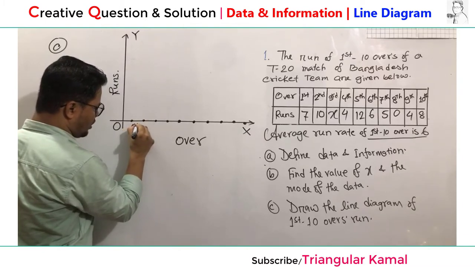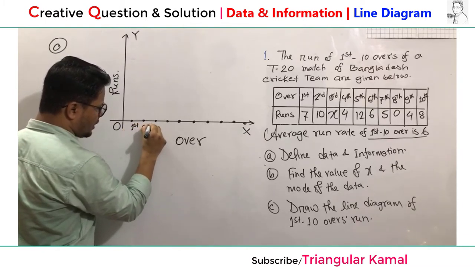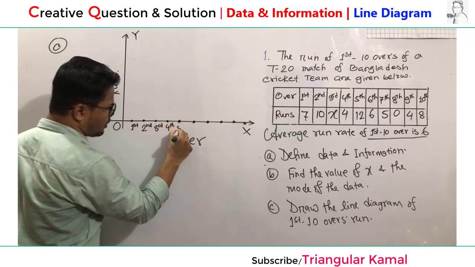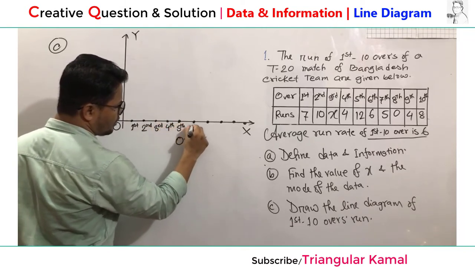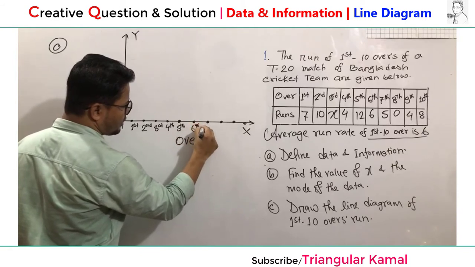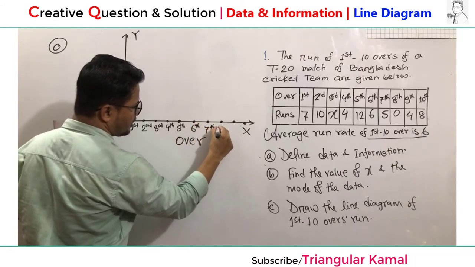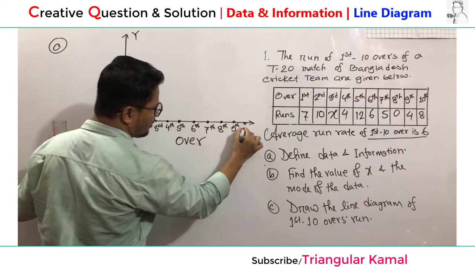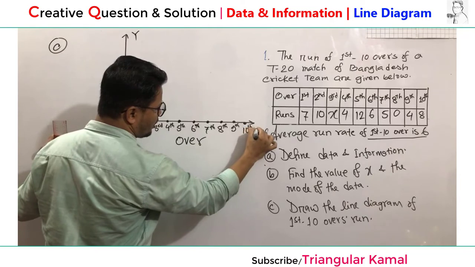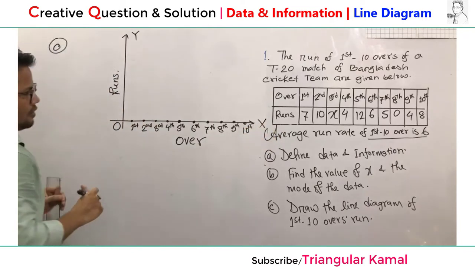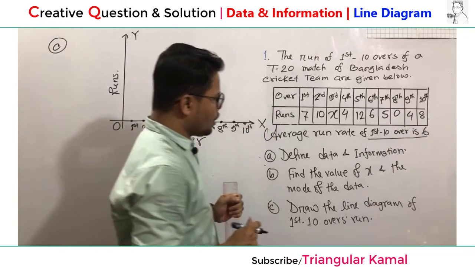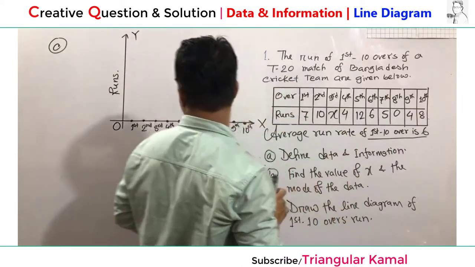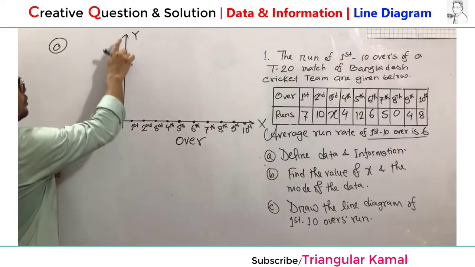First over run, second, third, fourth, fifth, sixth, 7, 8, 9, finally the 10th over run, and this is X. So what we see here, the maximum run is in the fifth over, which is 12. So this line goes up to 12.